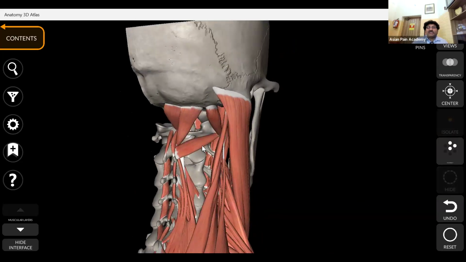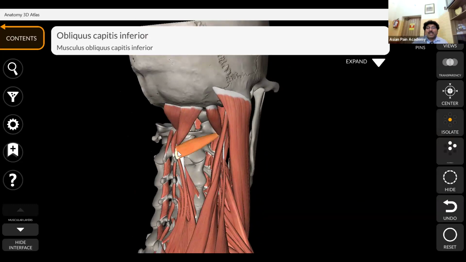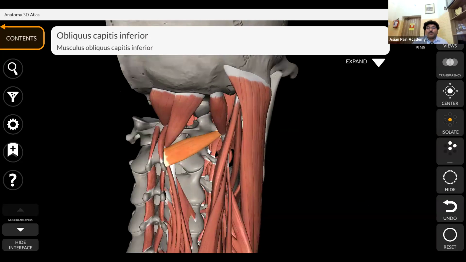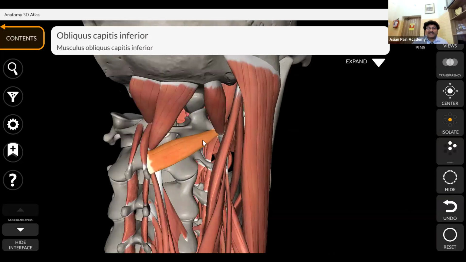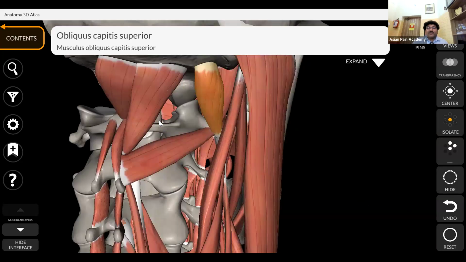Then we reach the occipital triangle, and here we have four important muscles, among which one very important muscle is the obliquus capitis inferior. Then we have the rectus capitis posterior major, rectus capitis posterior minor, and obliquus capitis superior. Under these we have the occipital triangle and the suboccipital nerve.